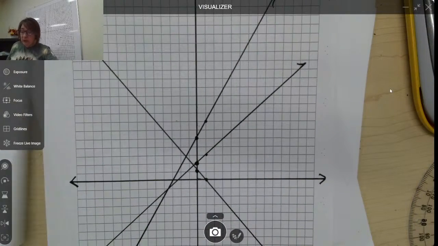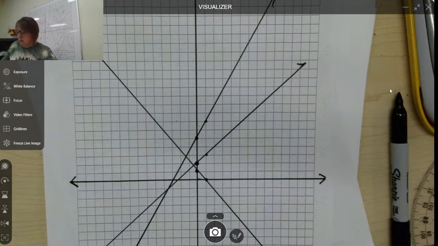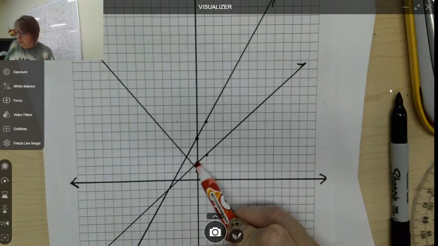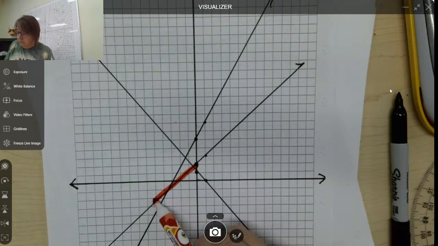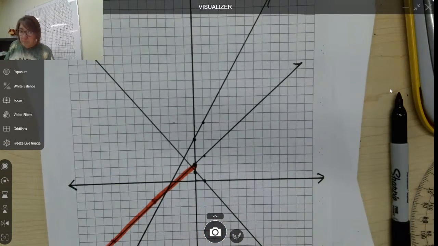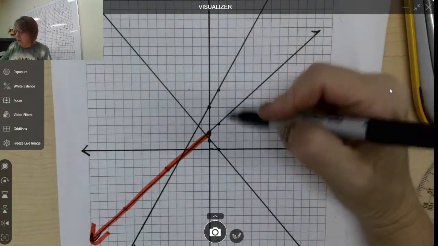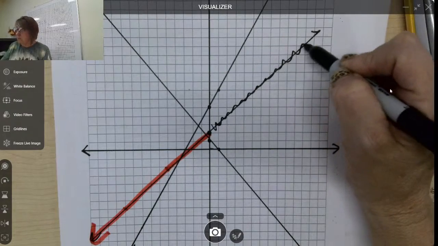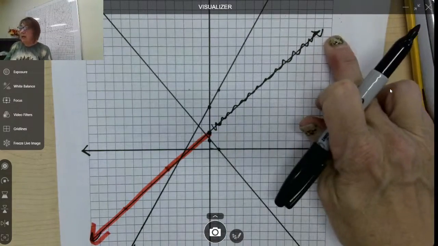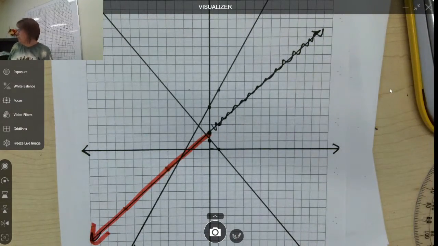We're only going to use this part from here this way. We are not using this part of that line, because in this part of that line, x is greater than 0. We're just using the part where x is less than 0. That's it. Just that part.